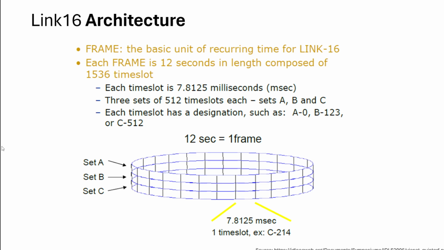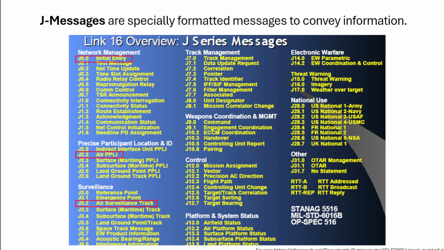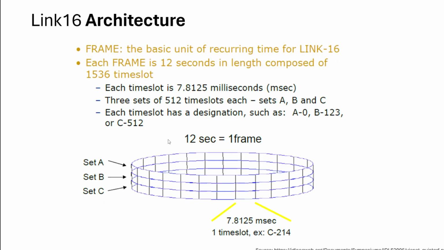In this frequency region, a frame is 12 seconds, composed of 1536 time slots. And in each one of these time slots, which is one of these small squares here, these messages are transmitted. So you can imagine how many of these frames there are in one day, and each one of the time slots is 7.81 milliseconds.